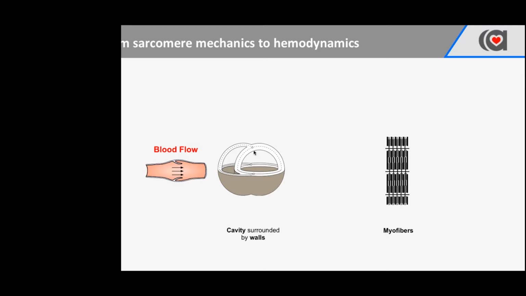And not only will that volume change, but also finally the length of the myofibers will change. Or the other way around, if you know the length of the myofibers, you know the cavity volume, and you could deduce how much flow there would have been. And these relations are important, as I will show you in the later part of this slide.